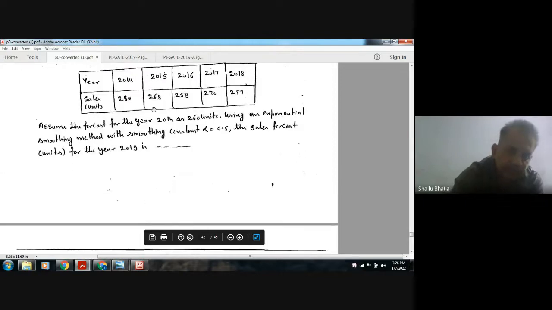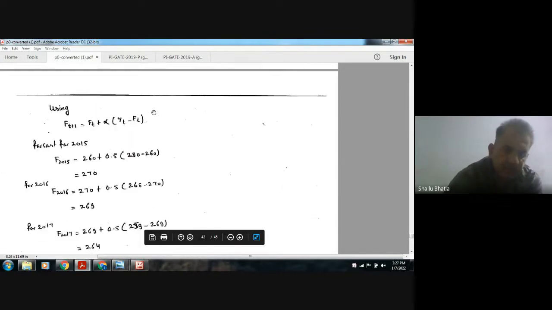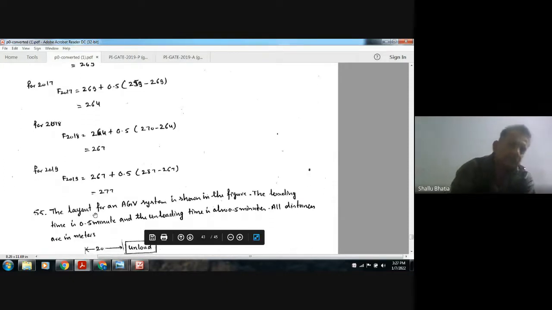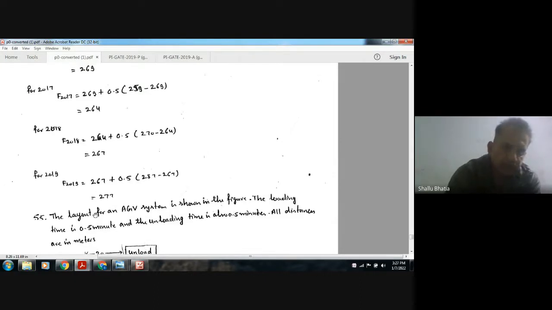Similarly, using the formula for the next year, now Ft will be 270 and Yt will be 268. Again Ft will be 270, and likewise for 2017 and 2018, and for 2019 we get the answer as 275. Okay, this is the answer.